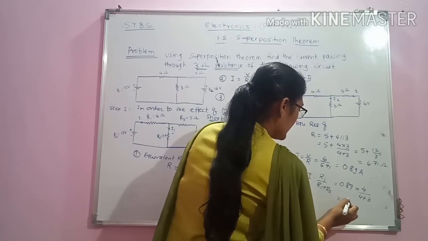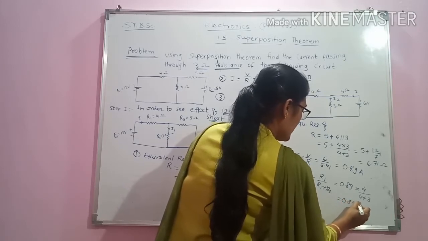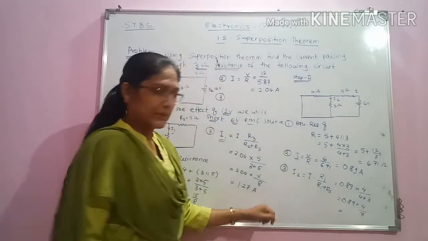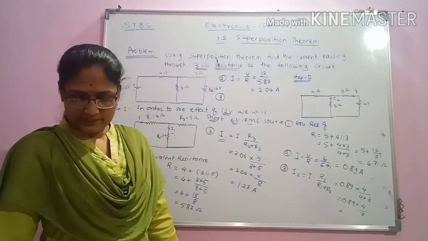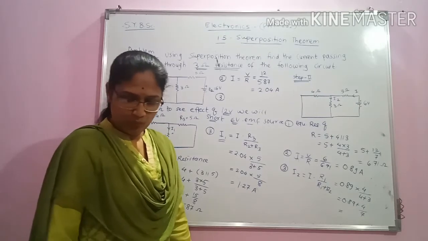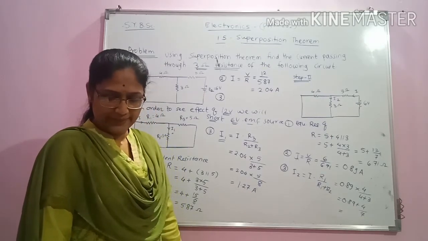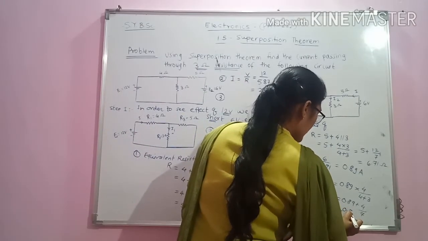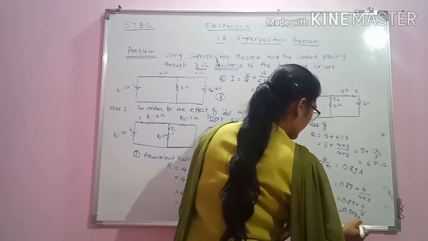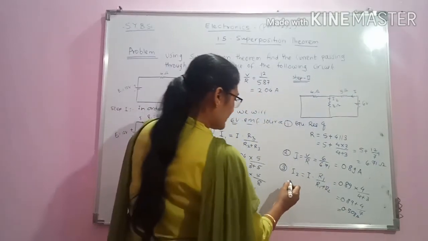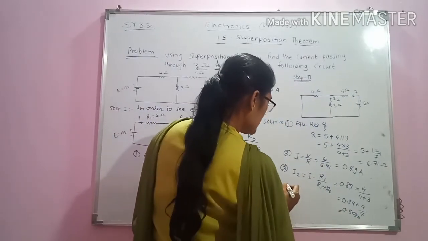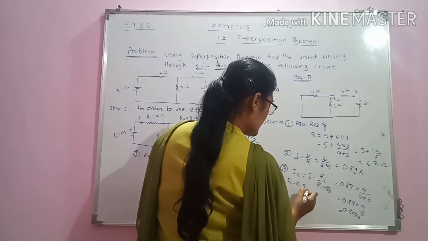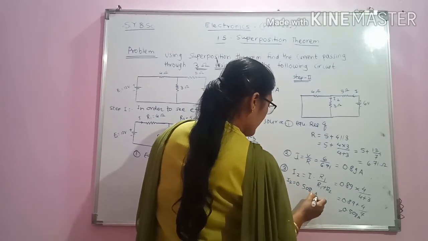So 0.89 into 4 divided by 7, and the value of I2 comes out as 0.508 ampere. What is the value of I2? Value of I2 is equal to 0.508 ampere.